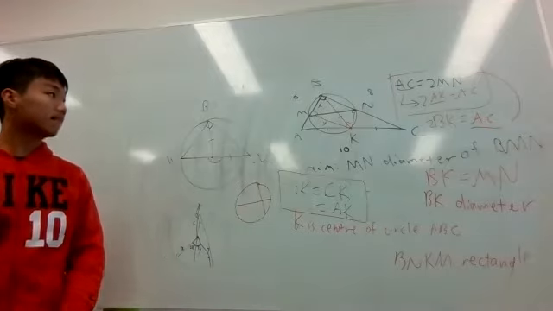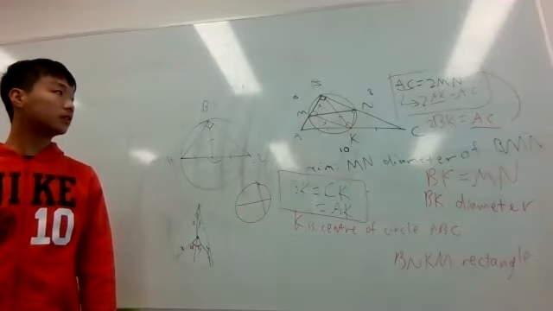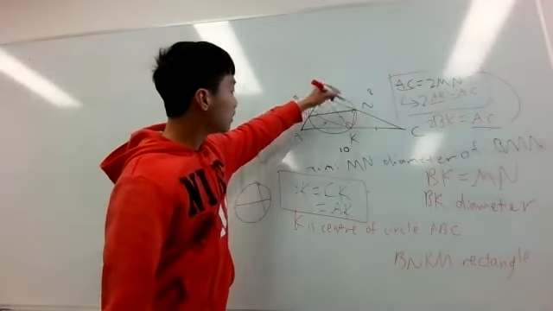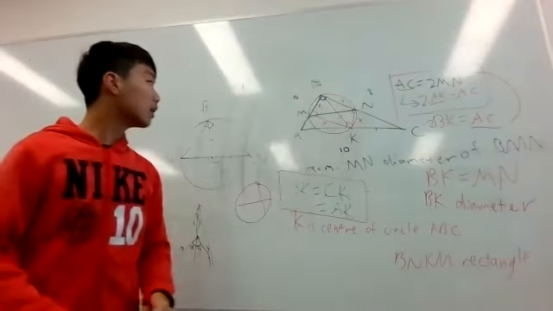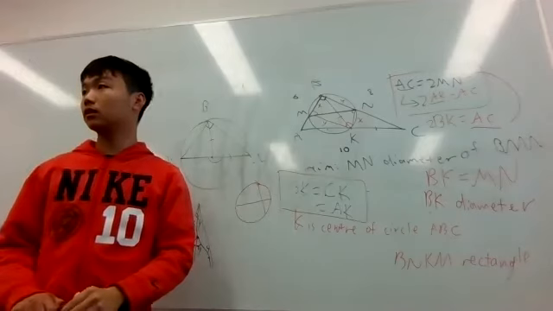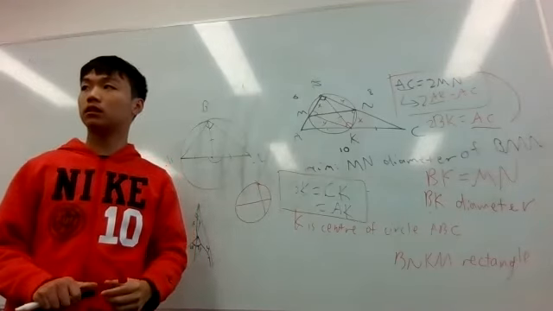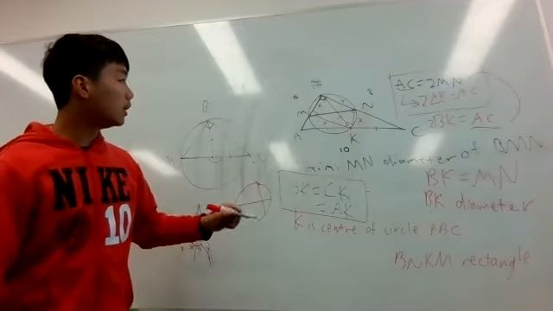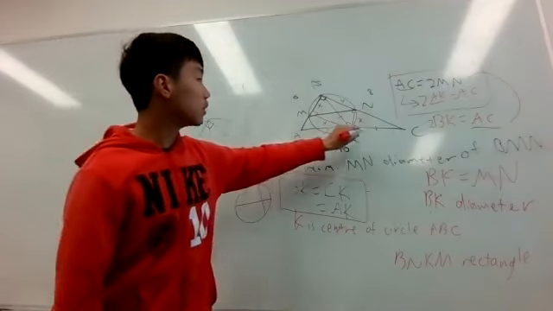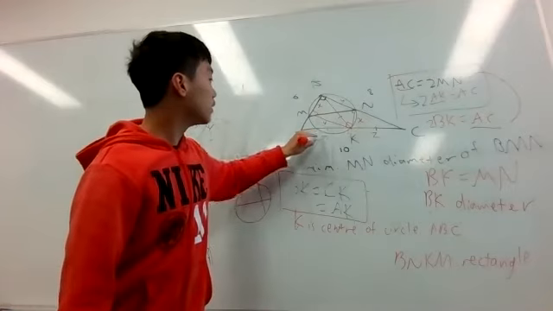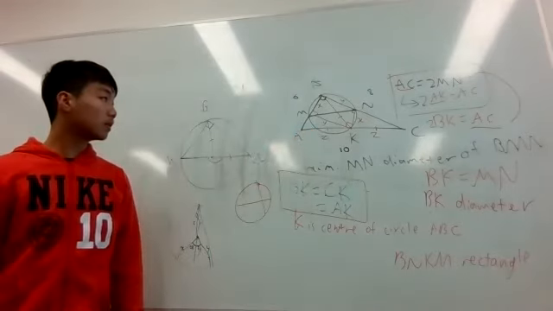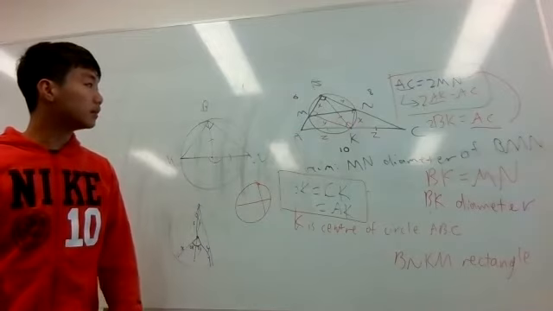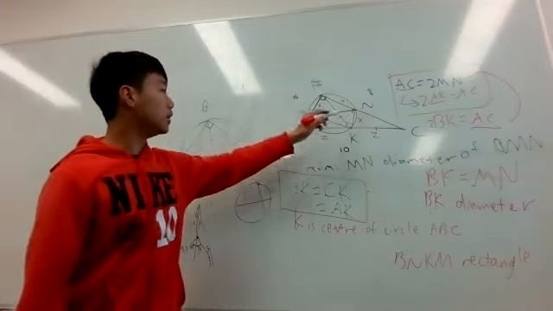And so then that means BN is also Y and NK is also X. And let's just call KC length Z. Yep, that also means MN is equal to Z.